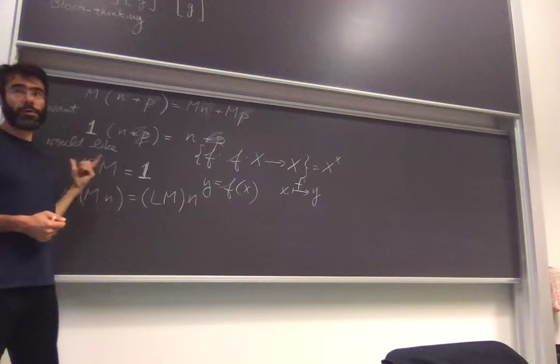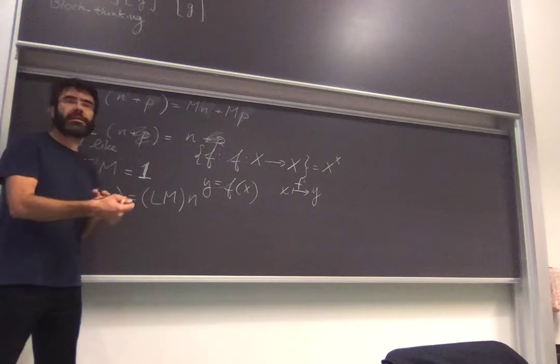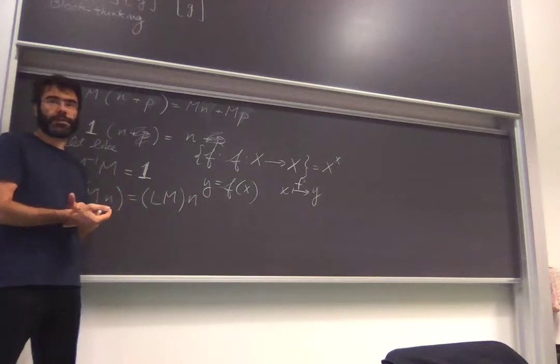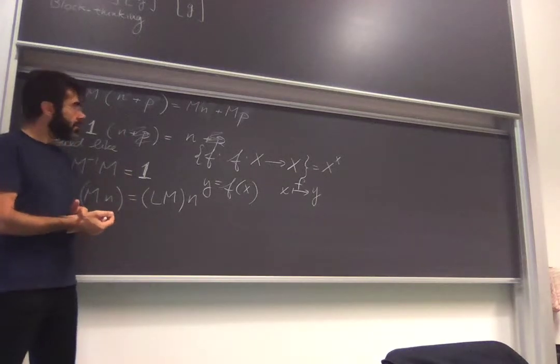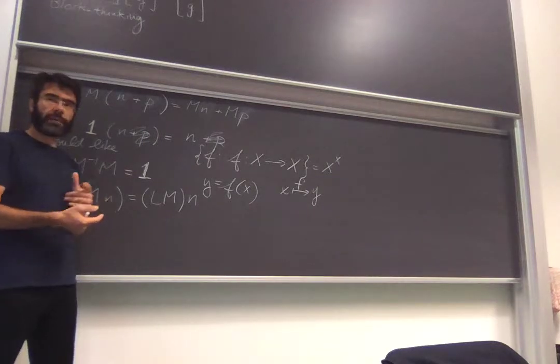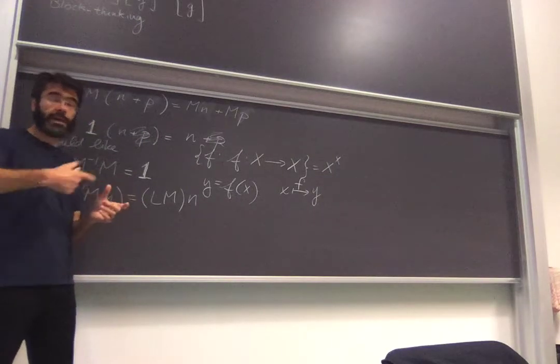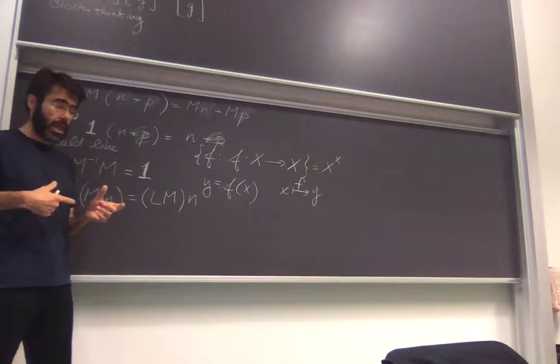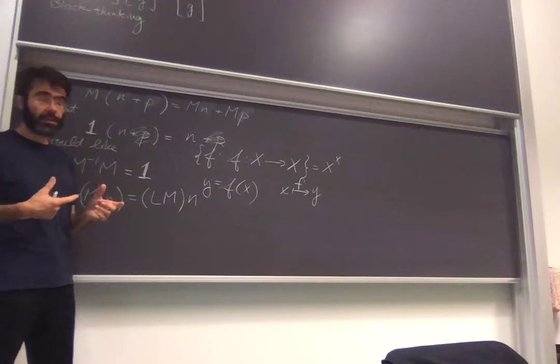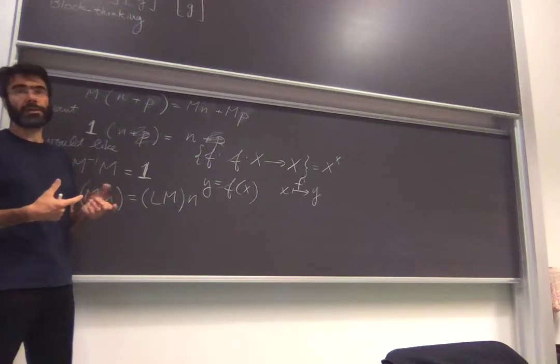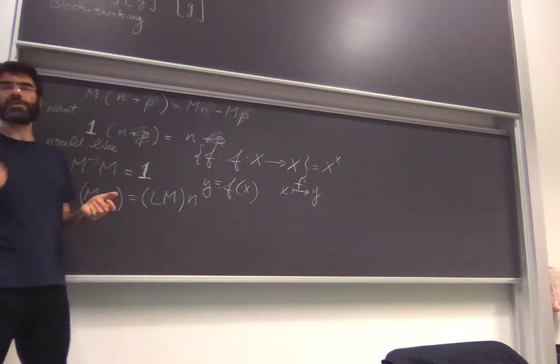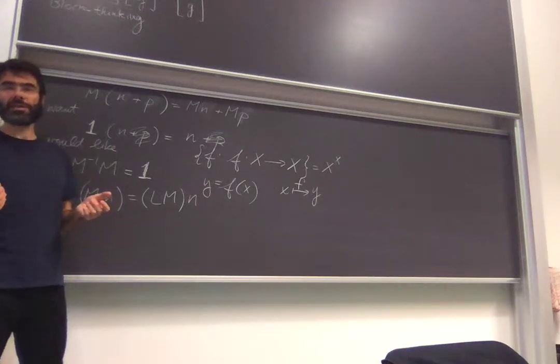Remember, those that are invertible are the bijective maps. Now, the bijective maps are maps that are injective and surjective. And it turns out that injective maps can be characterized as those who have an inverse only on one side, a one-sided inverse.